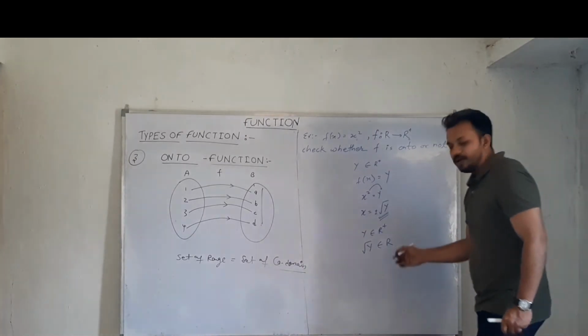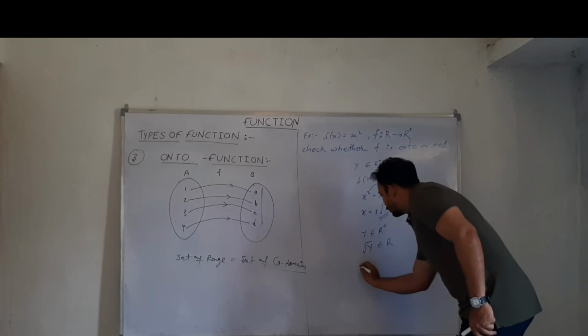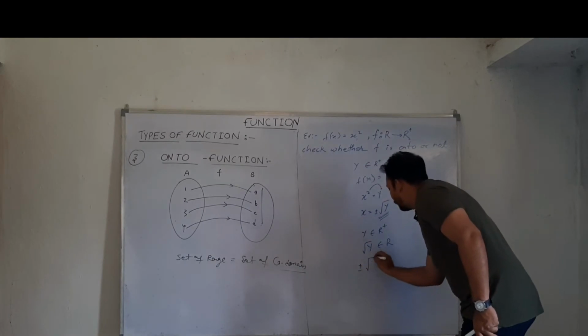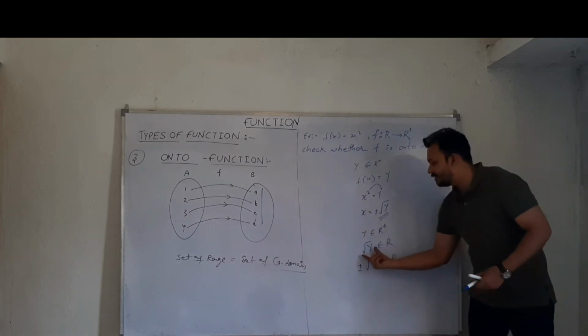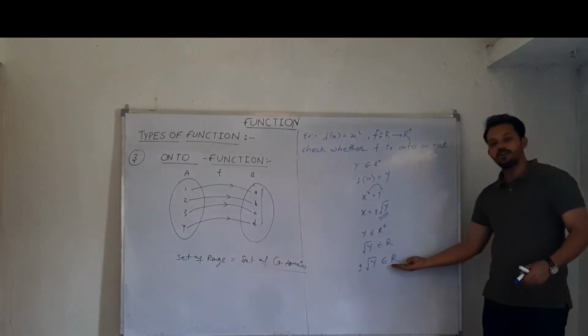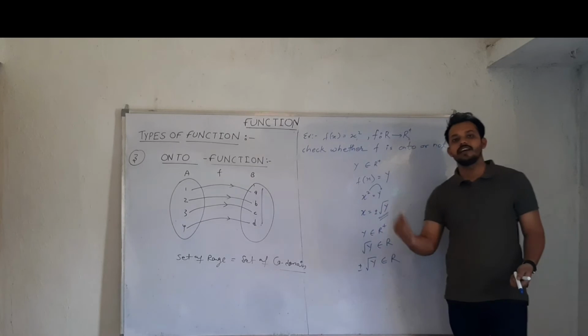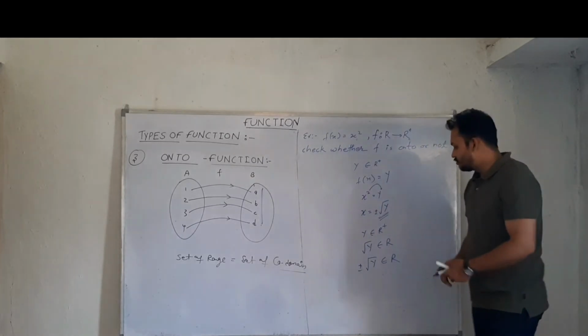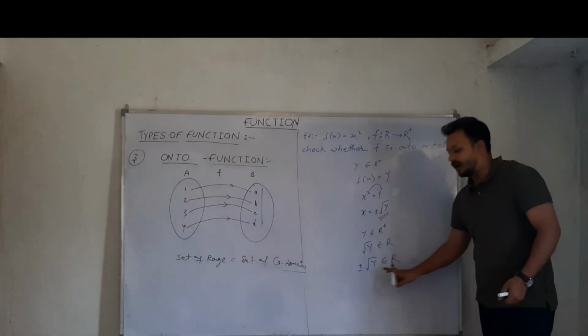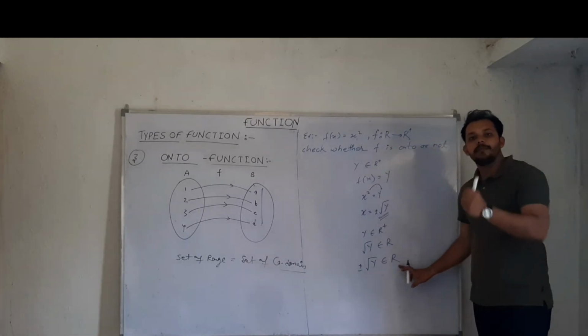And when we apply plus or minus, it also belongs to real numbers, because the real numbers contain all negative and positive numbers. Hence we proved plus minus under root y belongs to the real numbers.